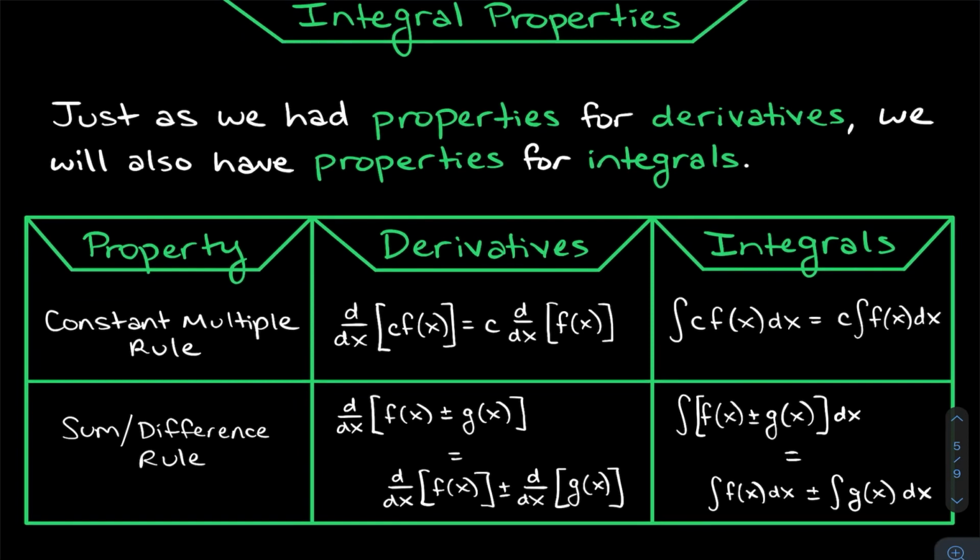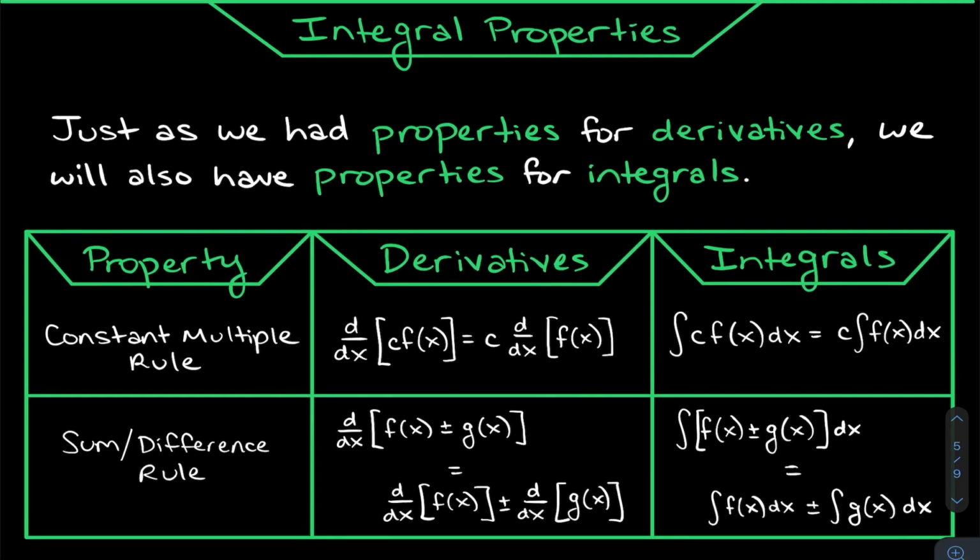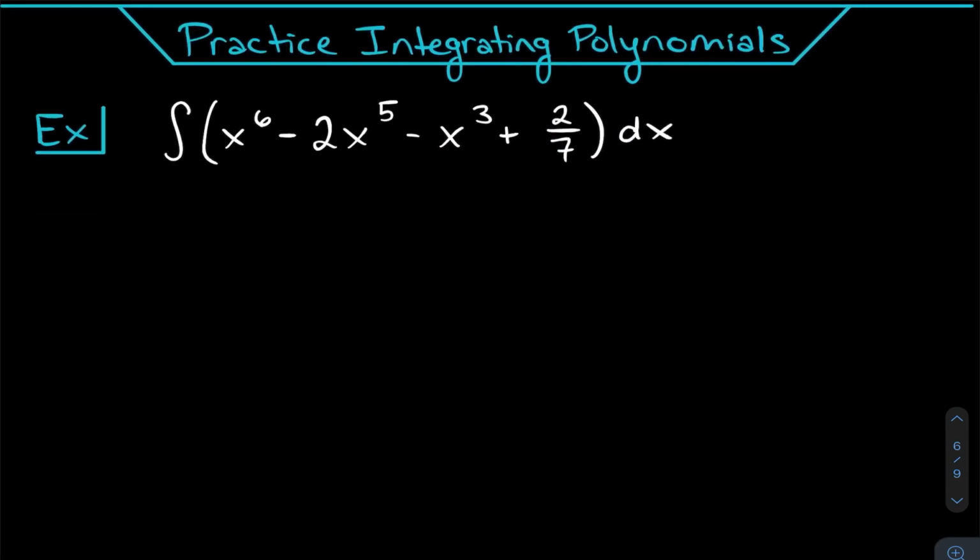Great. And so that's really what we'll be doing, practice with that right now. Okay? So let's start off with that practice here. Now, we want to integrate x to the 6th minus 2x to the 5th minus x to the 3rd plus 2/7 dx. So first off, I'll break this up with properties just so you can see it, but really I try to think about it all at once.